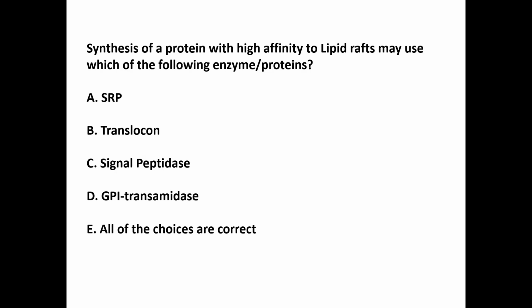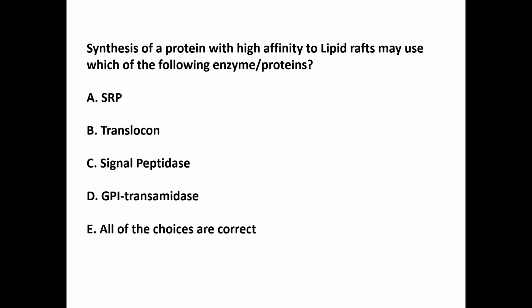Even if you don't remember that, think about this: SRP, translogon, and the signal peptidase actually work with many proteins, including soluble proteins. Remember that soluble proteins, which are never going to go to the membrane, will be brought by the SRP to the SRP receptor and handed over to the translogon.